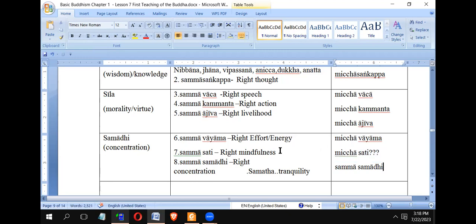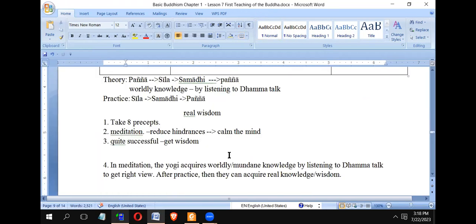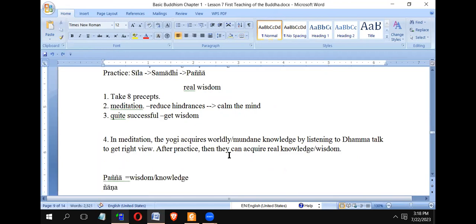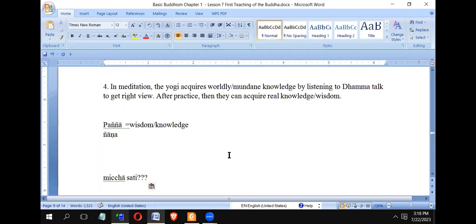How can mindfulness be wrong mindfulness? Wrong would mean forgetfulness, and forgetfulness is not mindfulness. No, it's a wrong object. So it can be a wrong object.